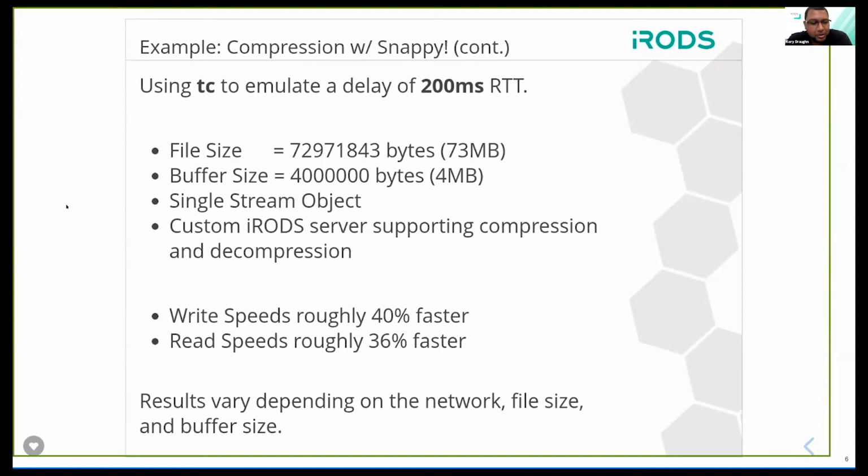We were able to achieve transfer times 40% faster, and read speeds about 36% faster than the default iRODS transport. Because this is compression, the results are highly variable, depending on your network, the file size, and the buffer size.